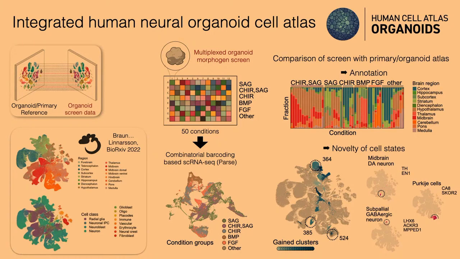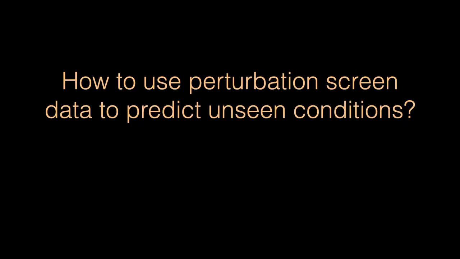And now these are the really gained clusters. And we can see that, for example, there are some midbrain dopaminergic neurons gained, some Purkinje cells, also subpallial GABAergic neurons. So this is now a way to actually come up with protocols in a high throughput manner and find out how to make certain cell types that we haven't yet made in vitro.